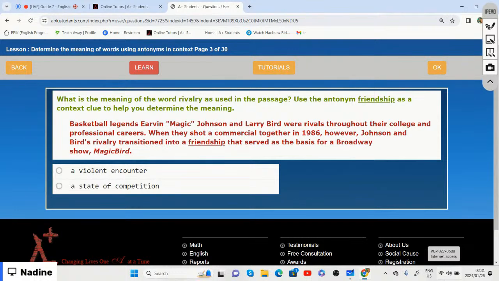We need to use the antonym friendship as a context clue to help you determine the meaning. Basketball legends Magic Johnson and Larry Bird were rivals throughout their college and professional careers. When they shot a commercial together in 1986, however, Johnson and Bird's rivalry transitioned into friendship. That served as the basis for a Broadway show called Magic Bird.